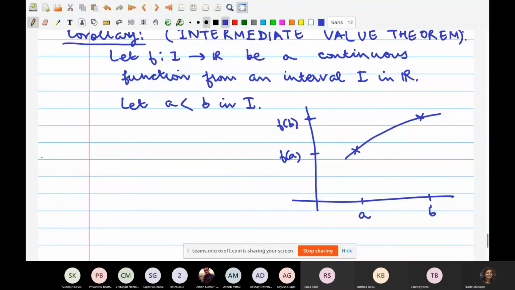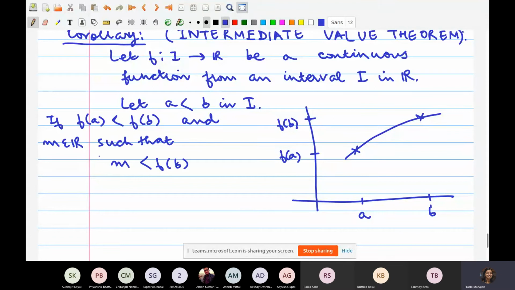Suppose that f(a) is strictly less than f(b), and let m be a real number such that m is between f(a) and f(b). In this picture, m is somewhere here.